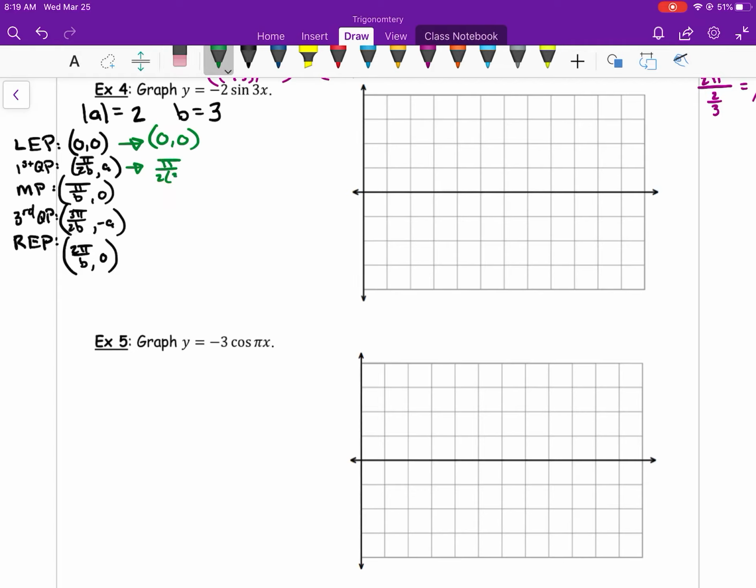Then we'll get pi over 2 times 3, comma, 2. Then we'll get pi over 3, 0. Sorry, it's going to kind of skew a little bit. So 3 pi over 2b, -a, so -2.